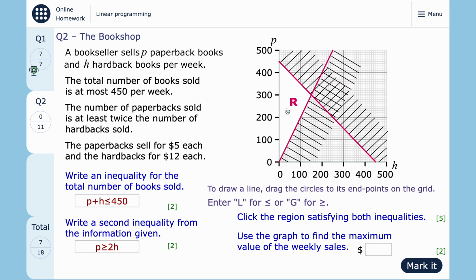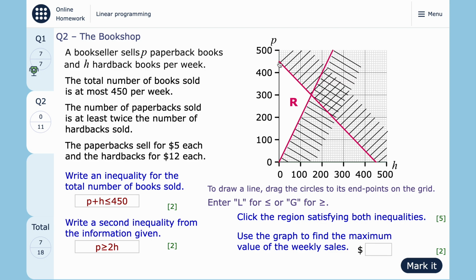Well, according to linear programming theory, the optimal point is going to be a vertex of the feasible region. So either their maximum value of weekly sales is here with no paperbacks and no hardbacks. Well, obviously that makes no sense.